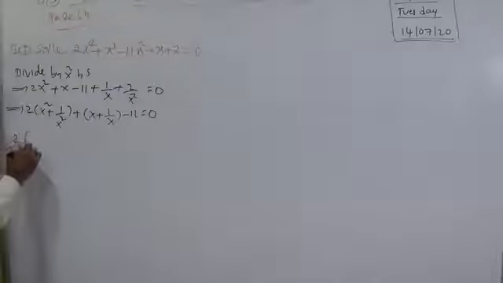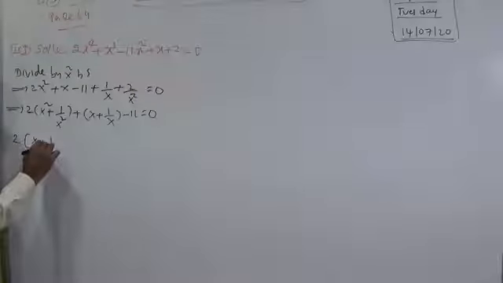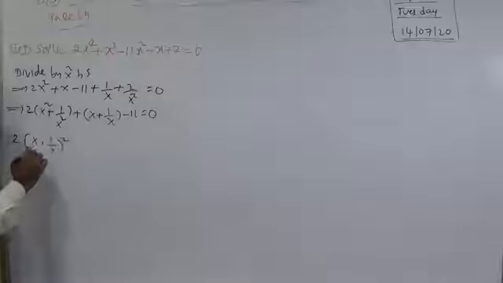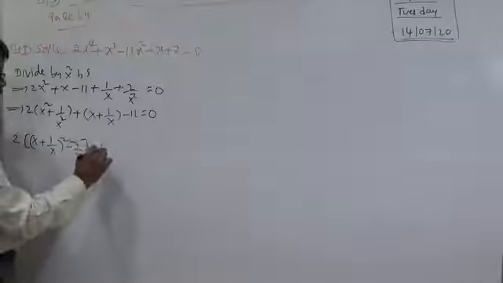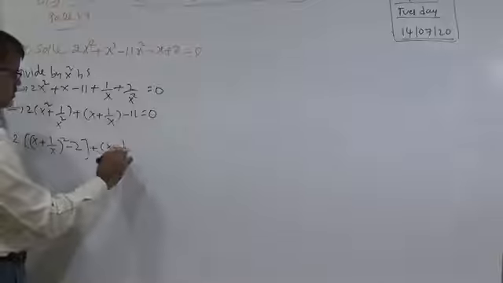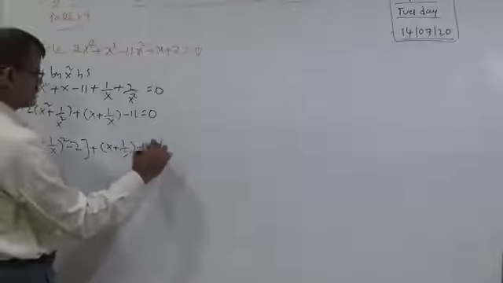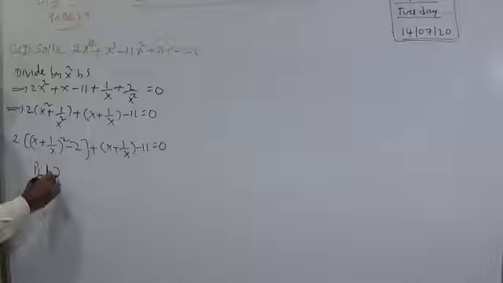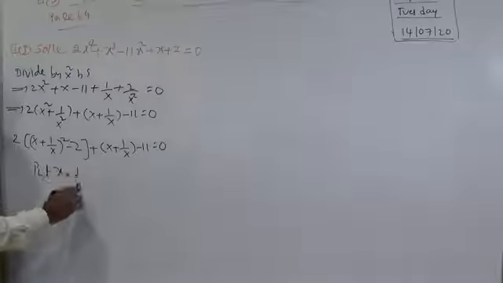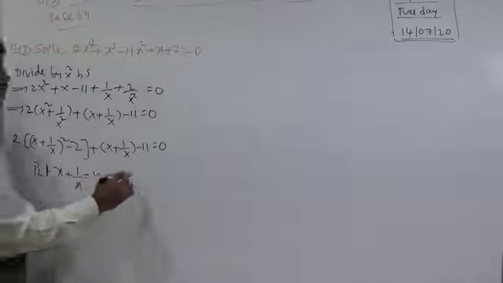Now we can write x square plus 1 by x square as x plus 1 by x whole square minus 2, plus x plus 1 by x, minus 11 equal to 0. Now put x plus 1 by x equal to y.